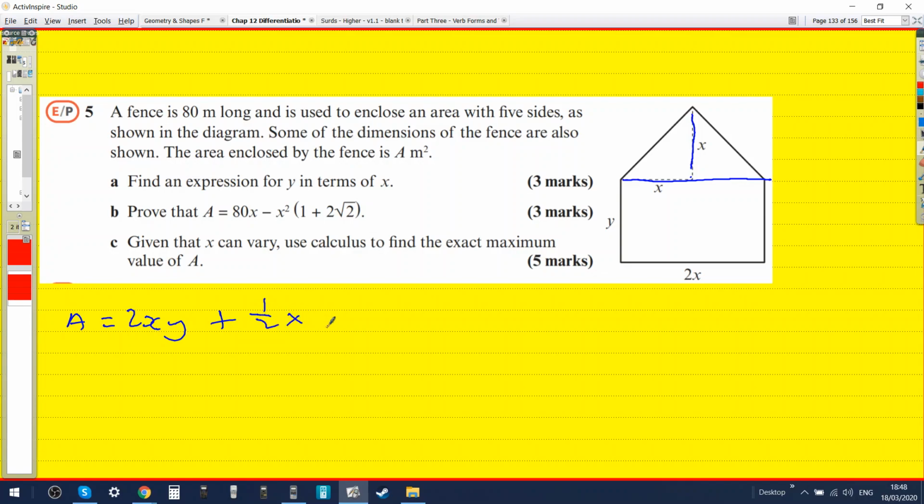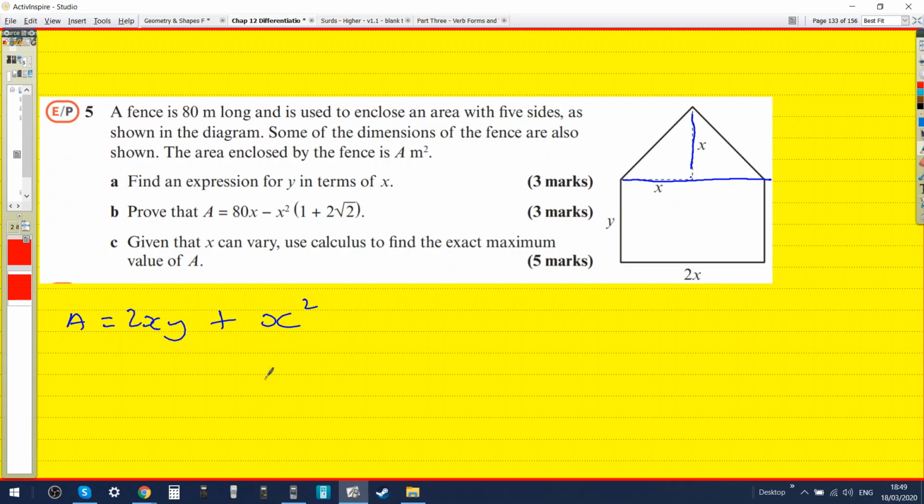But I thought that because there's two triangles, that is just x squared because they're the same. Did you say x squared or 2x squared? I think I said x squared. Okay, I thought you said 2x squared. Yes, so it's a half times base times height. A half times 2 makes 1.